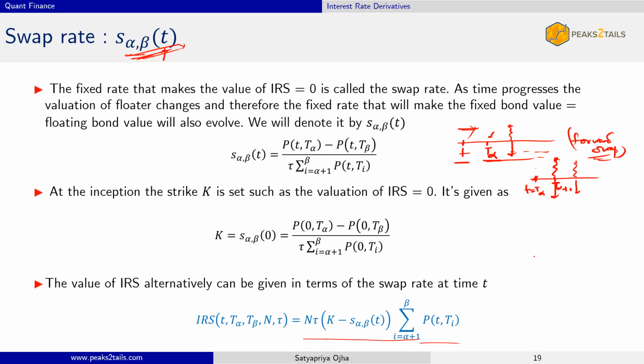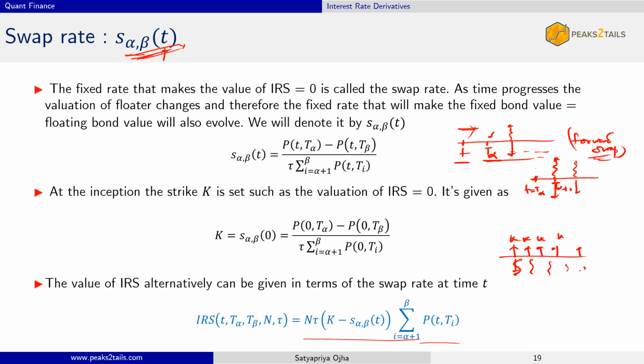Understand this. You are supposed to get K all your life, correct? That got fixed at inception. Nobody can change it. N K tau, fixed payments you're going to receive. The floating payments are all random. We don't know.